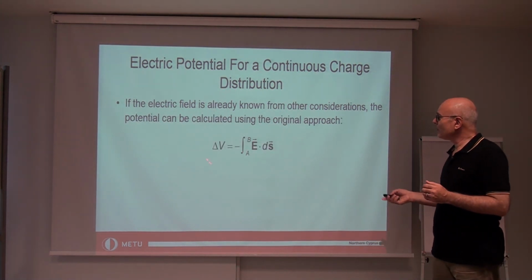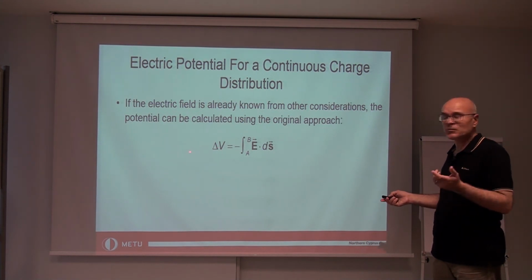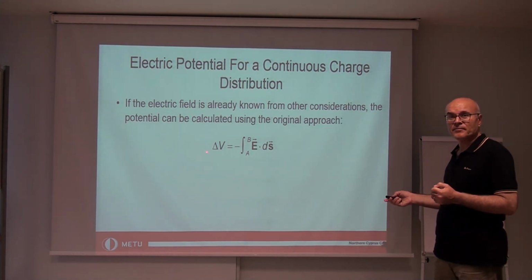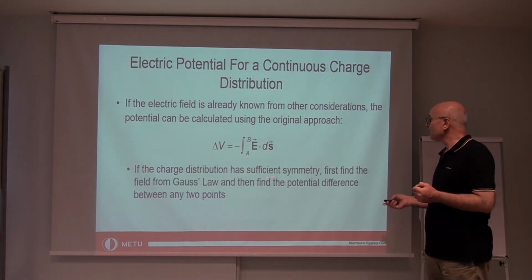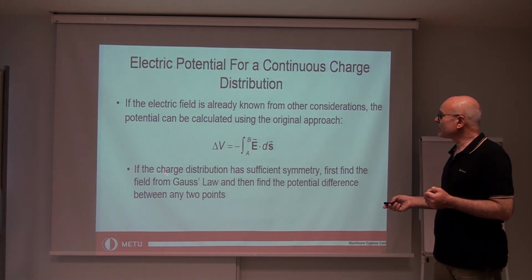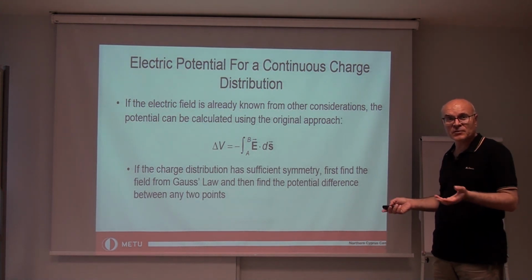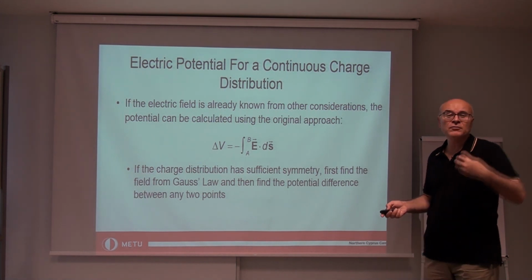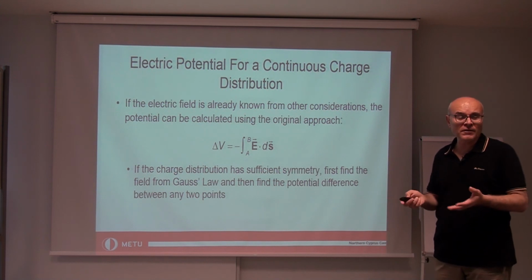we know this expression for the potential difference between two points, A and B, which is this integral. Now, if it happens that you have a high degree of symmetry of the charge distribution, so that you can use Gauss's law to find the electric field easily, then in this case you know the electric field in the whole space.